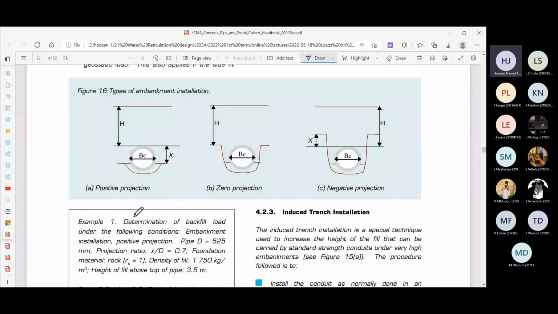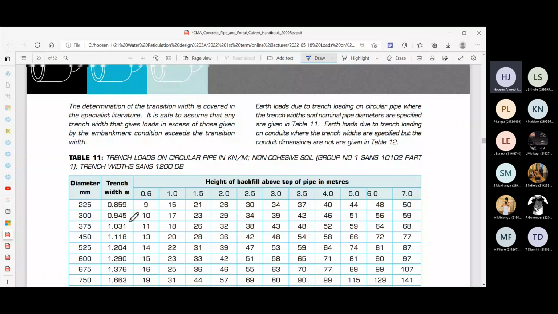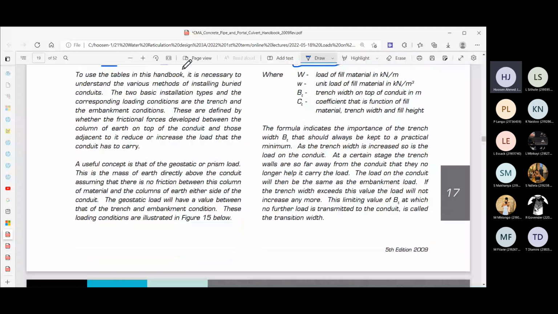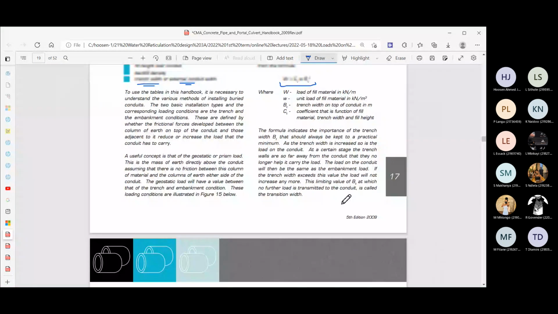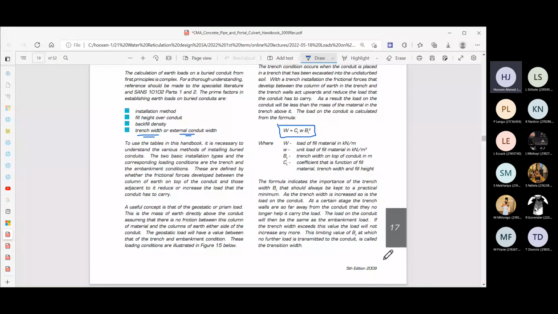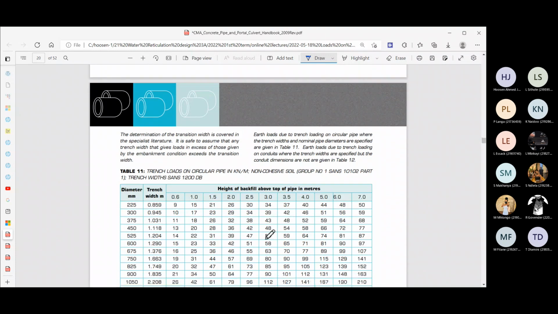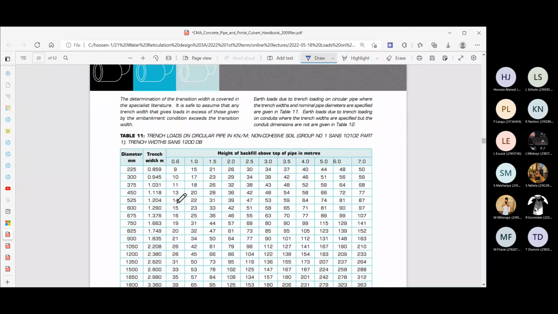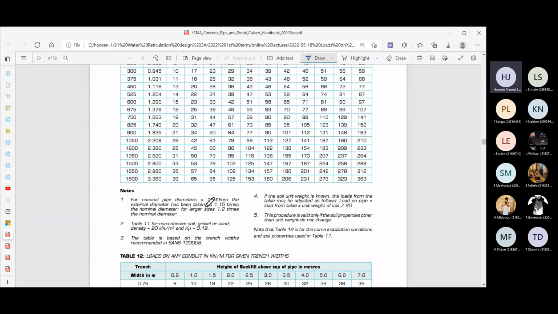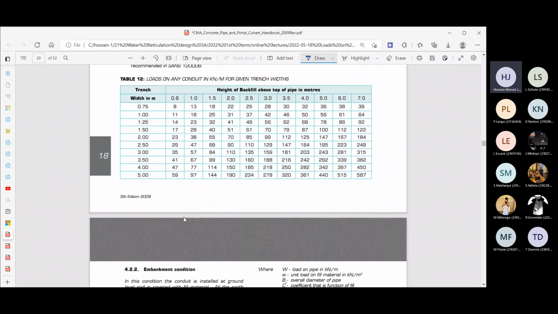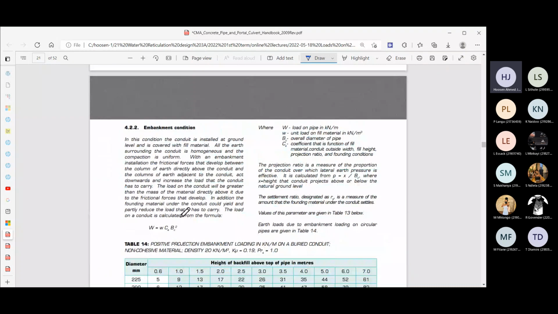Just bear with me, I've lost my train of thought here. I've just found this book today, and I'm trying to find where they give you the values for the CT and the CE.